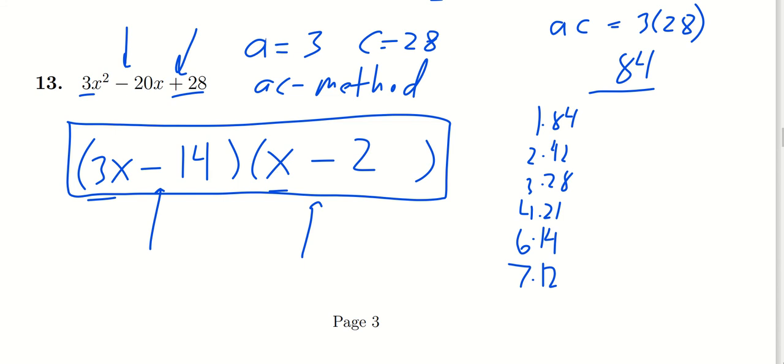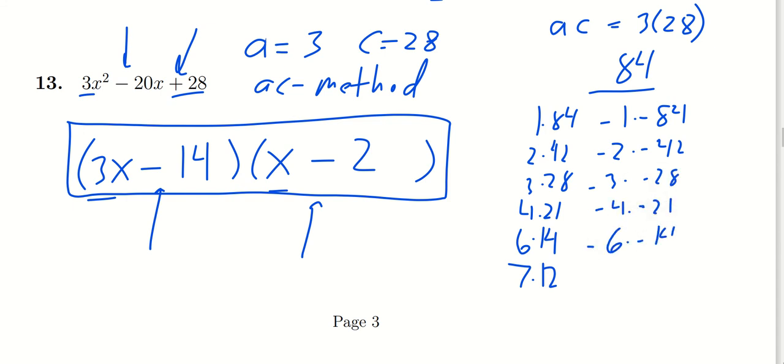And then 10 doesn't, 11 doesn't, 12 does, but then we start to get the list in reverse. But that's not the only way to get a positive 84. We could also have negative 1 and negative 84, negative 2 and negative 42, negative 3 and negative 28, to get positives here. So both of these could be negatives, or negative 7 and negative 12.